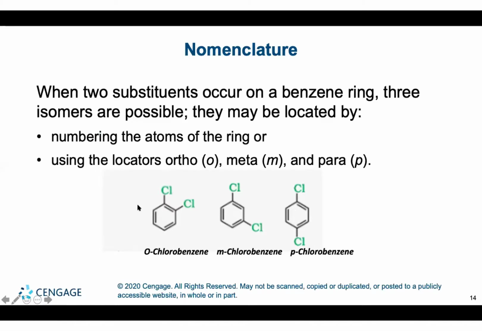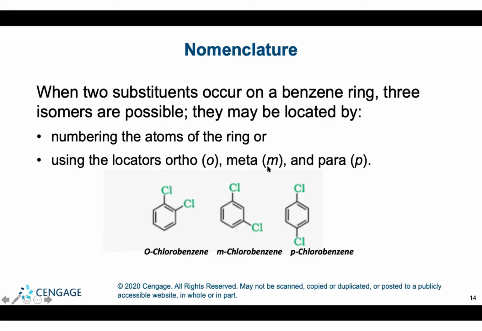Okay, let's talk about another way to write the name of aromatic compounds. Whenever you have two branches on the aromatic compound, like benzene, next to each other, on carbon 1 and carbon 2, instead of just writing 1,2-dichlorobenzene, we call it ortho-dichlorobenzene. Ortho, and we make sure we write it in italic format.